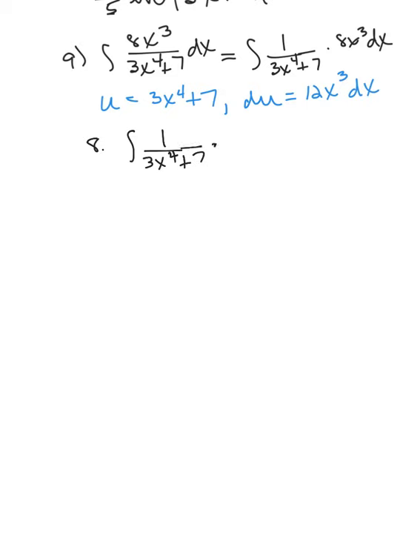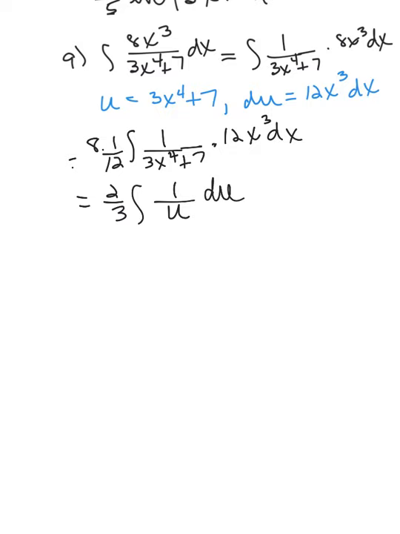And then we're going to force in the number that we want, a 12x cubed dx, which means we have to offset out front with 1/12, the reciprocal. 8 over 12 simplifies to be 2/3 the integral of 1 over u, and the 12x cubed dx is du.